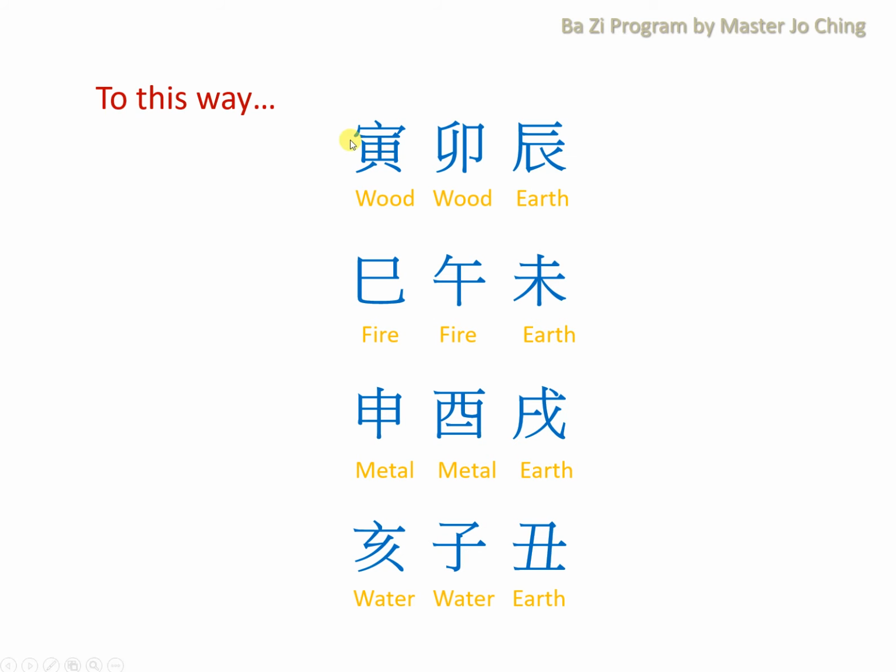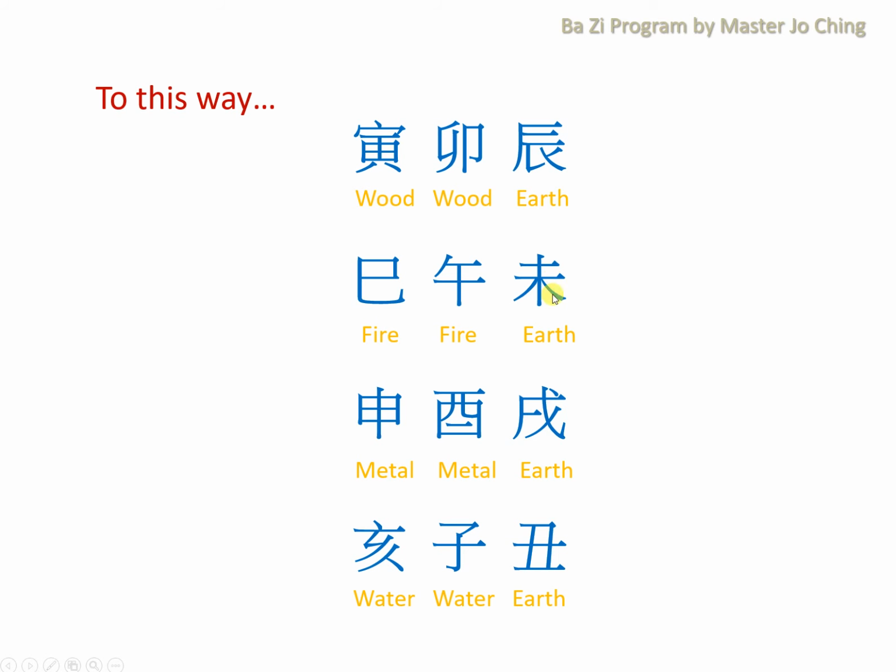Among all the 12 earthly branches, you can see that there are always 2 wood, it's just a matter of yang or yin, 2 fire, 2 metal, 2 water, and altogether 4 earth elements inside the 12 earthly branches.